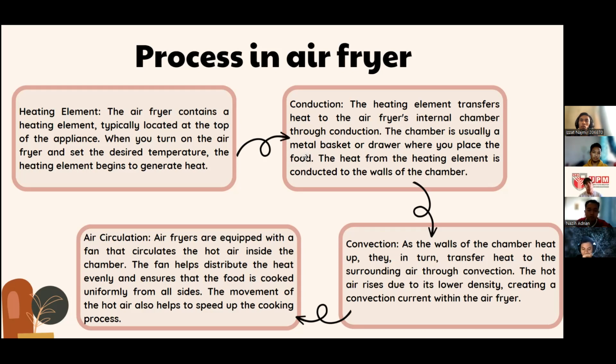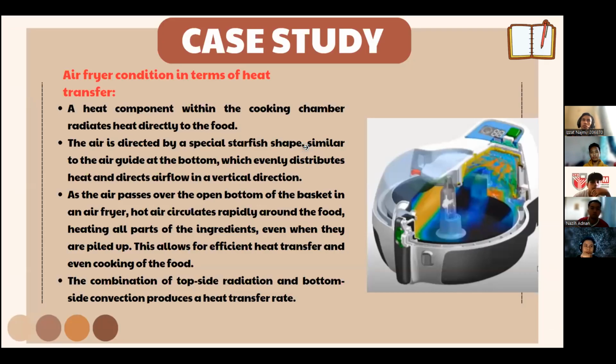The fan helps distribute the heat evenly and ensures that the food is cooked uniformly from all sides. The movement of the hot air also helps to speed up the cooking process, and the food absorbs the heat from the hot air, causing its temperature to rise until it is ready to eat. For the next slide, I pass to the next presenter.